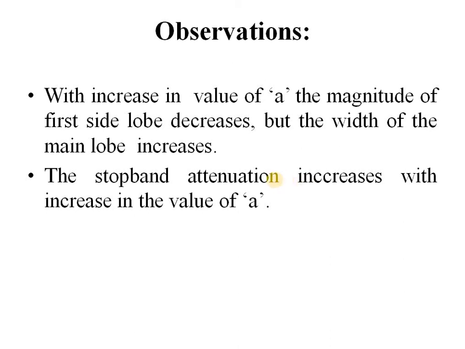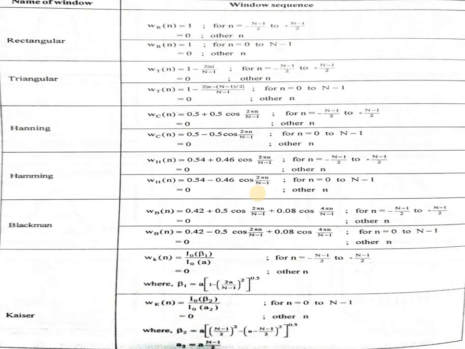Now I would like to summarize all the windowing sequences that we have discussed until now. This table gives the list of windowing sequences for different kinds of windows, from rectangular window to Kaiser window.